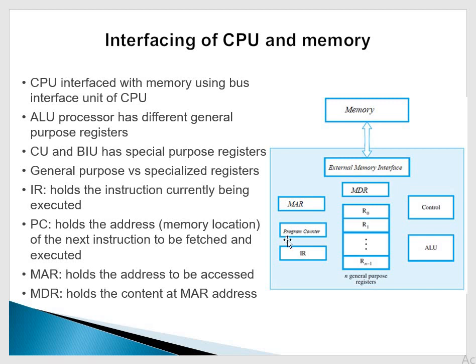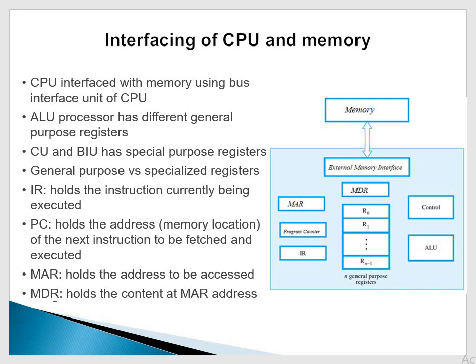So the address of the opcode generated by the program counter will go to the MAR, and then MAR will hold the address of the external opcode, and the address will be sent to the memory through the address lines. The control unit will send the control signal to the memory, and according to the type of control signal, whether we want to read or write the data or opcode, the data will move from the memory or to the memory on the data lines.